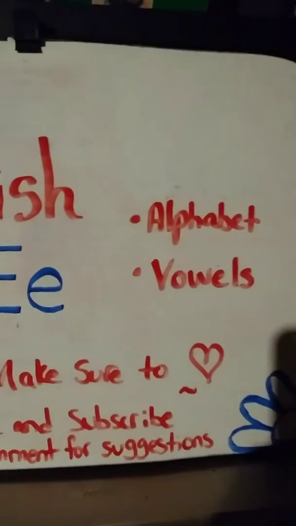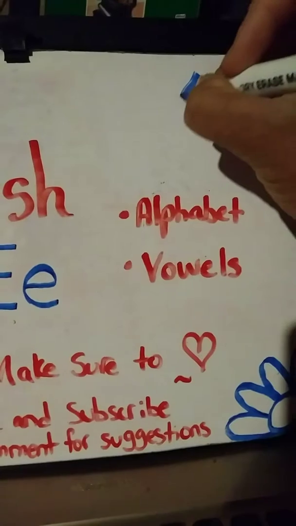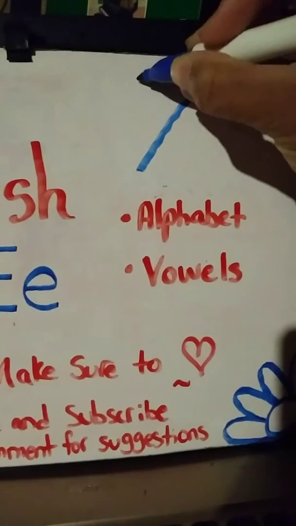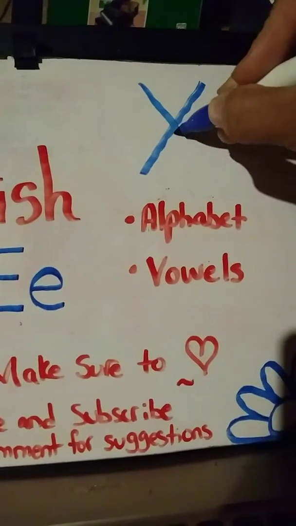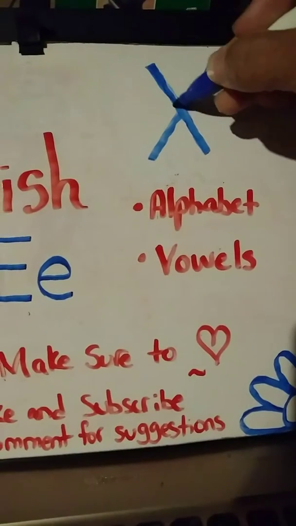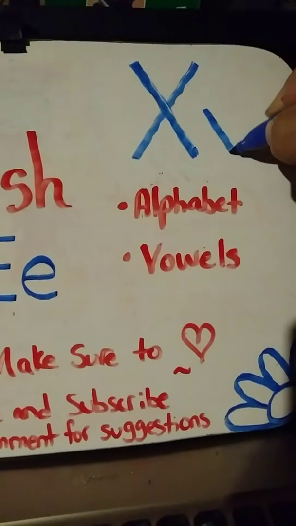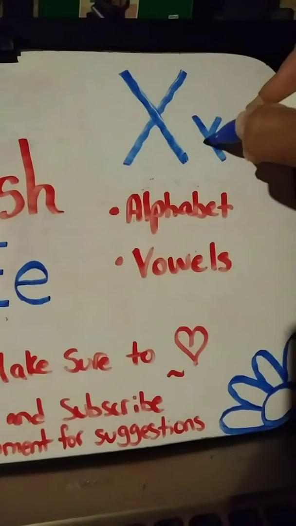Okay, next. Three letters away. X. Yeah, X. It's normally followed by a warning. You'll see them on signs. Different other signs, they normally mean don't do something, or that there's danger followed by it.